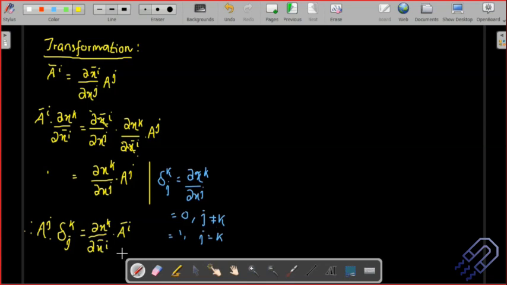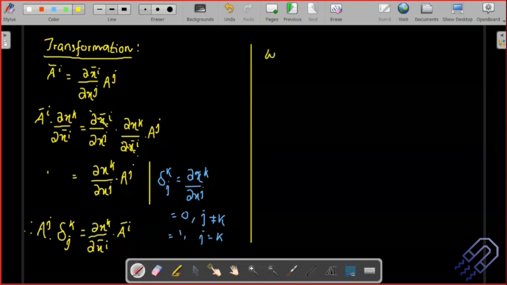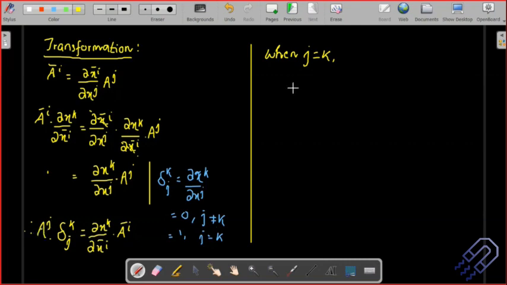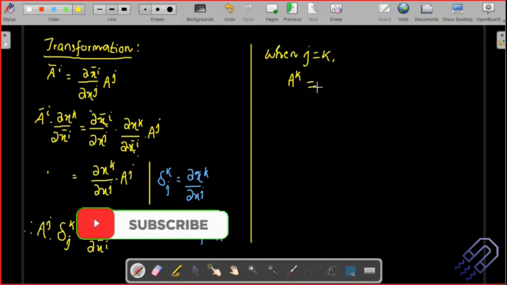That's it. Okay, now we are saying that this is k, right? So when j is equal to k, I can just write it down as ak is equal to, because delta kk, if j is equal to k, is equal to 1.